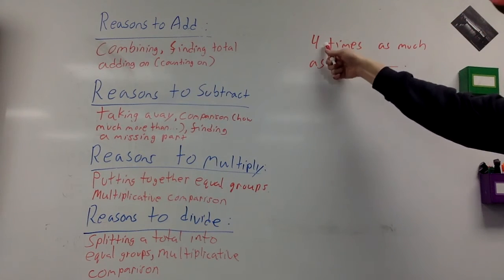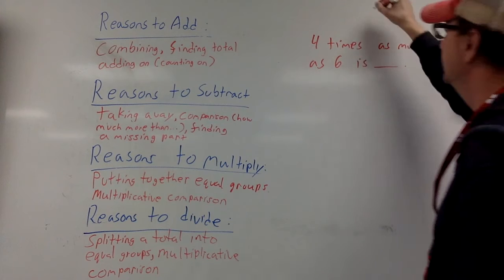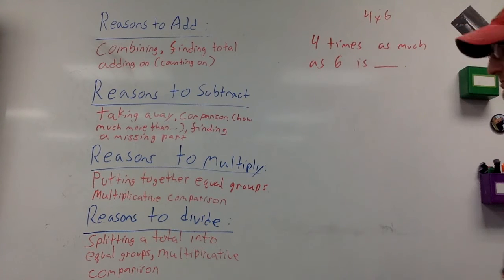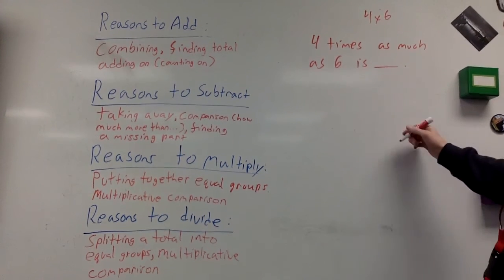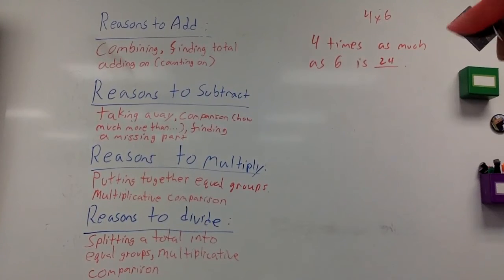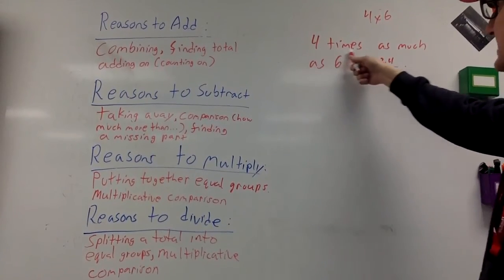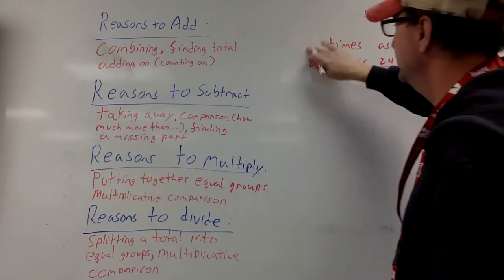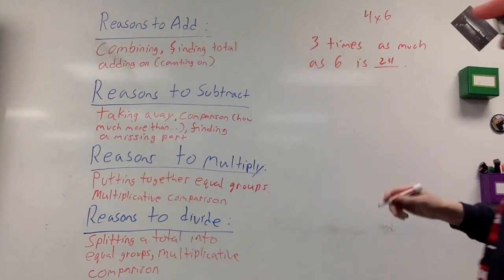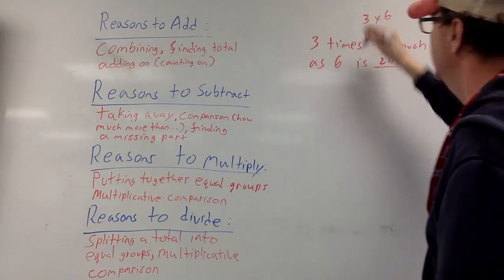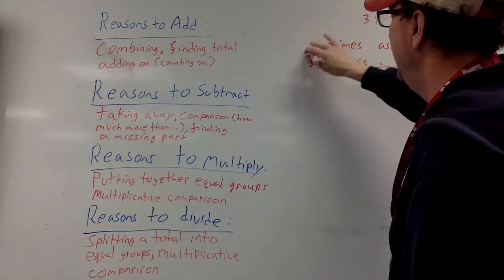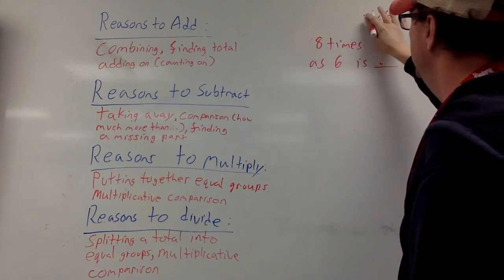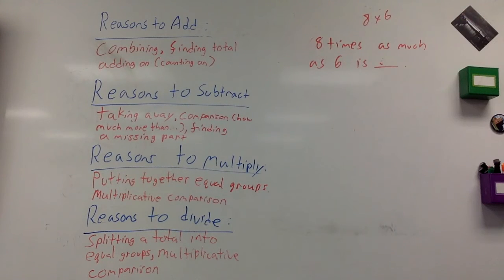Well, if I want to find 4 times as much as 6, that's 4 times 6, right? We know that 4 times 6 is 24. So if you want to find 4 times as much as 6, it's 24. And also, that's for any number. 3 times as much as 6, well, then it'd be 3 times 6. If it was 8 times as much as 6, then it'd be 8 times 6, right?